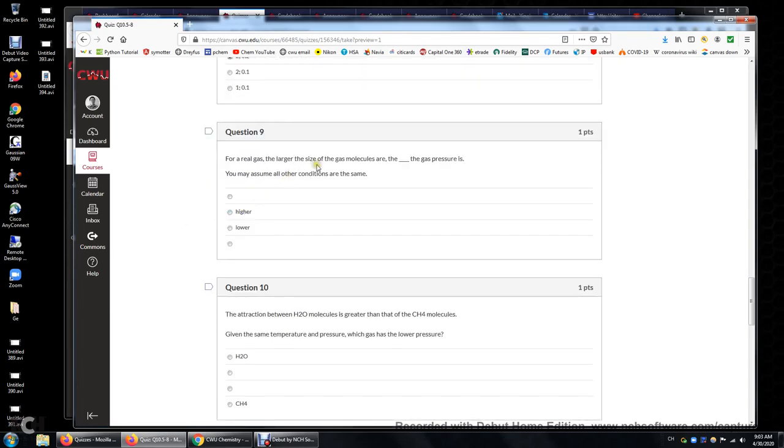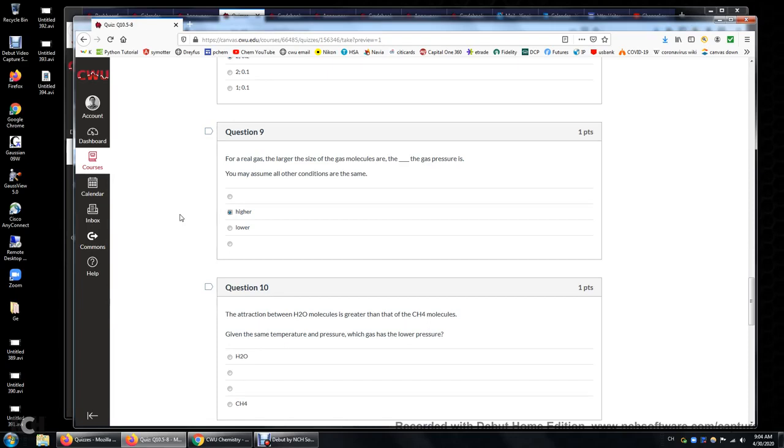For a real gas, the larger the size of the gas molecules, the higher the pressure. The reason is very simple. If you have really large gas molecules, they occupy more space. So effectively, that reduces the available volume. And then remember, PV equals nRT. Pressure is inversely proportional to volume, but over here, P is inversely proportional to the available volume: the volume of the container minus the space occupied by those gas molecules.